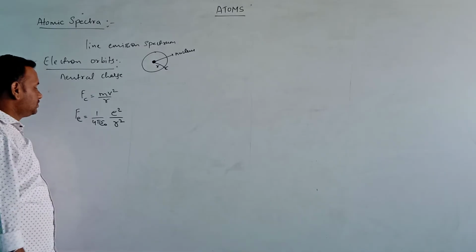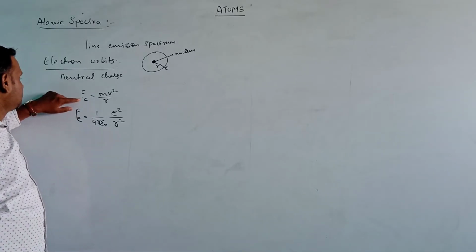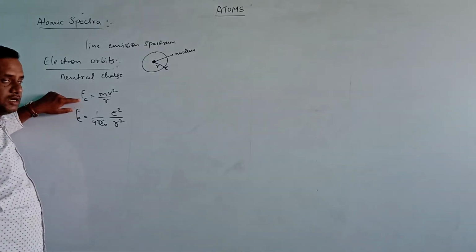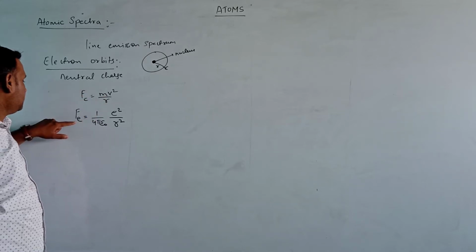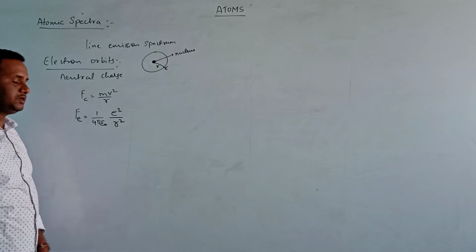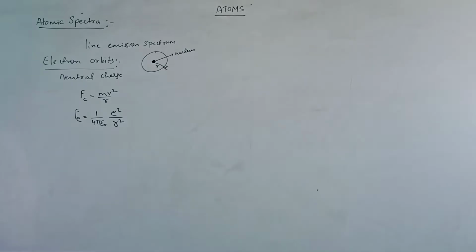Understood? So the centripetal force is equal to mv square divided by r, and the electrostatic force is equal to 1 by 4 pi epsilon naught times e square divided by r square.